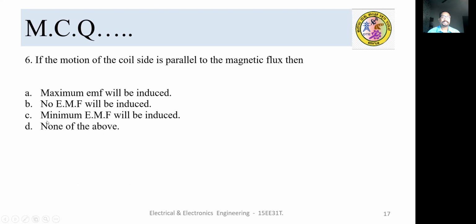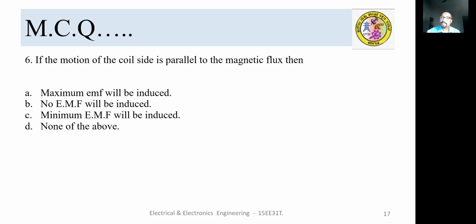Next question, question number 6. If the motion of the coil side is parallel to the magnetic flux, then what happens? Maximum EMF will be induced, no EMF, minimum EMF, none of the above. If this is the flux, and the coil moves parallel, it won't cut the flux.